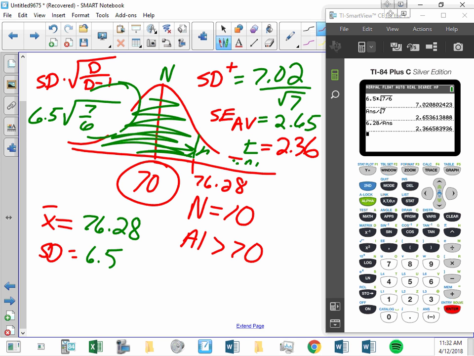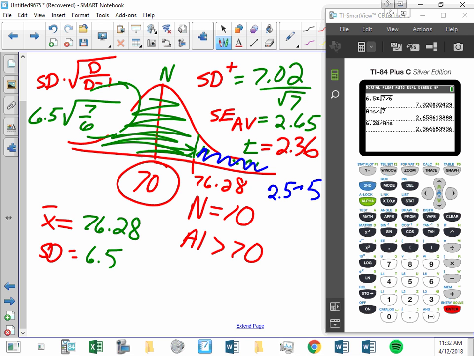So it would probably be about 2.7, somewhere in there. So we have just decided that this area is somewhere between 2.5 and 5.